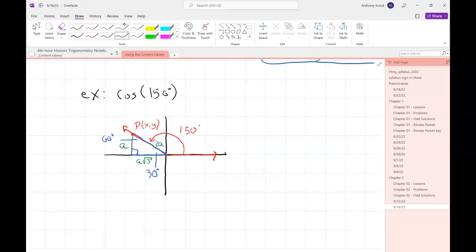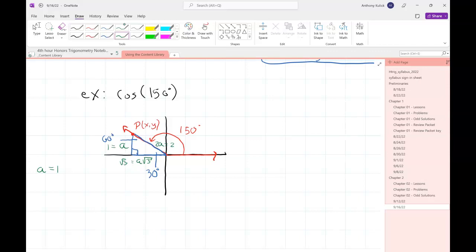As a result, the ratios are going to be the same whether I picked A equal to 1, 2, 3, 4, 16.8. You can pick A to be whatever value you want. Guess what I'm going to pick it to be? Let's just do 1. So this becomes 1, that becomes root 3, that becomes 2.